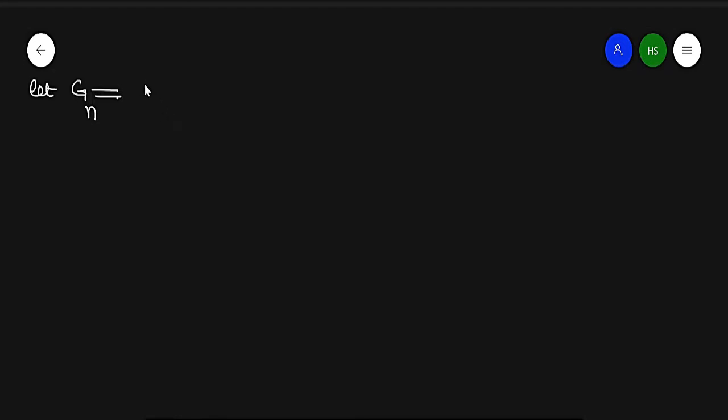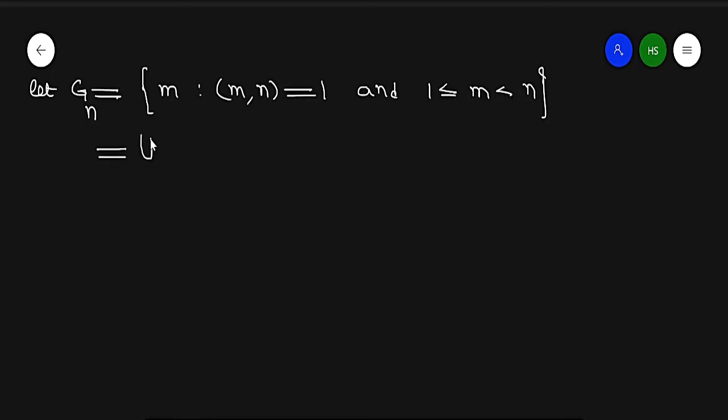Its values are all m such that GCD of m and n is equal to 1, and 1 is less than or equal to m less than n. We may also write it as U of n.